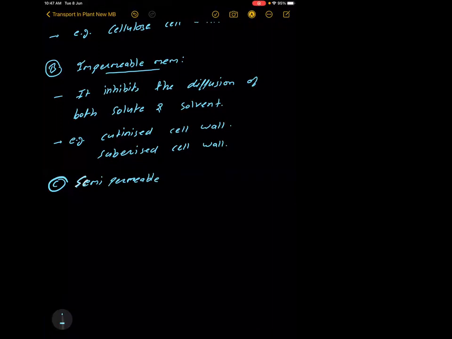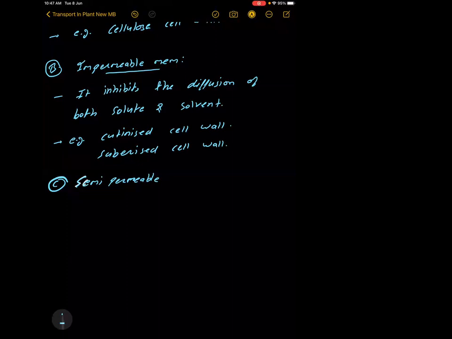But if cutin surrounds the cell wall, it is a cutinized cell wall, meaning cellulose content is very low. Sometimes suberin material, that is also impermeable actually. So if suberin is deposited around the cell wall, it is called a suberized cell wall.